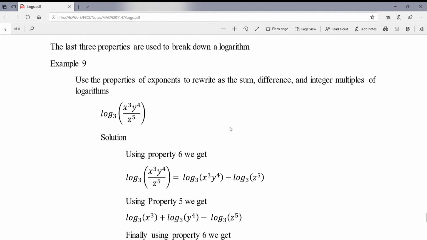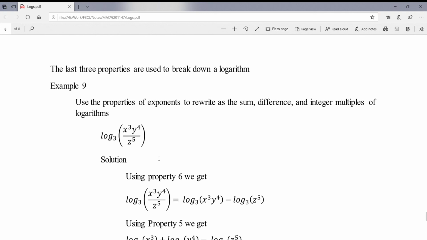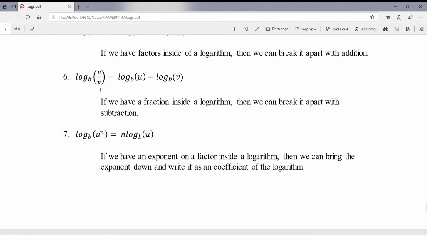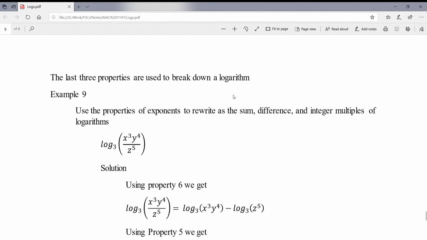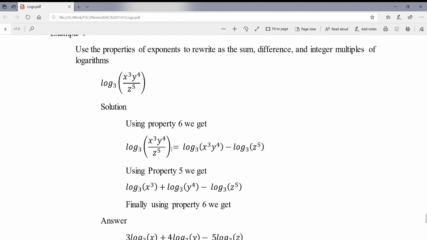So our solution. Using property 6 above, that's the one that had the fraction, we're going to get log base 3 of our numerator, which is x cubed y to the 4th, minus log base 3 of my denominator, which is z to the 5th.